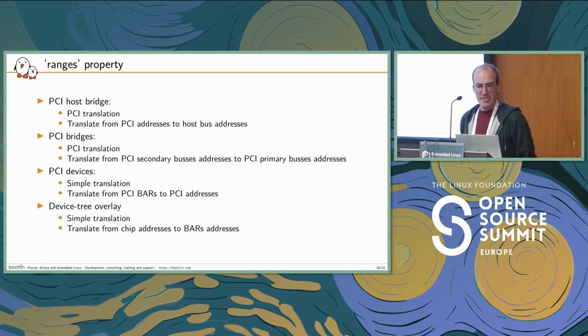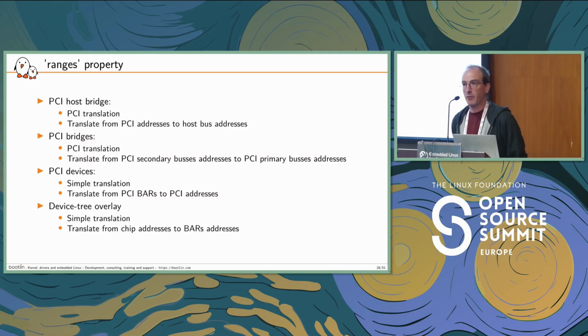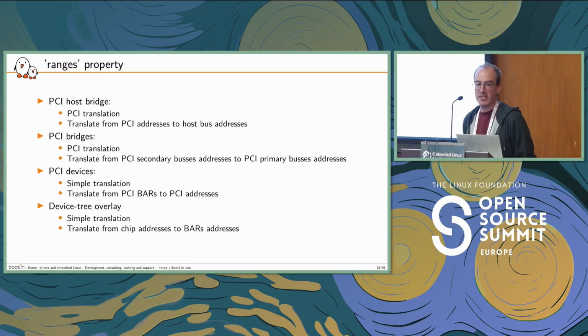So for these properties, on the PCI host bridge, we perform a PCI translation in order to translate from PCI addresses to host bus addresses. On a bridge, it is also a PCI translation, and we translate from the secondary bus addresses to the primary one.